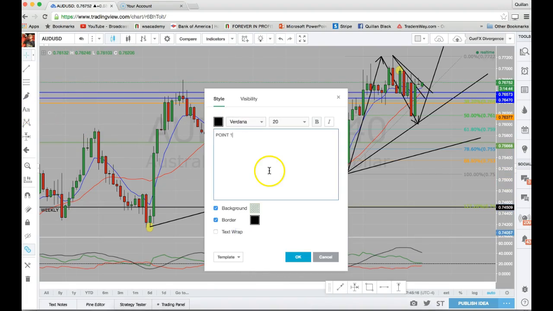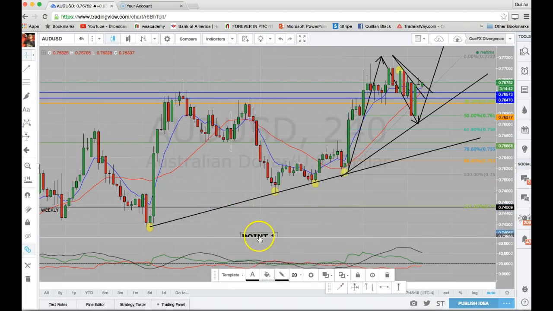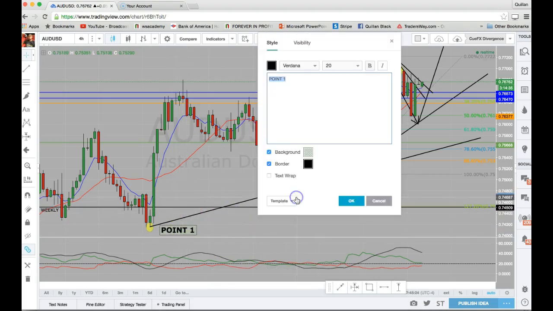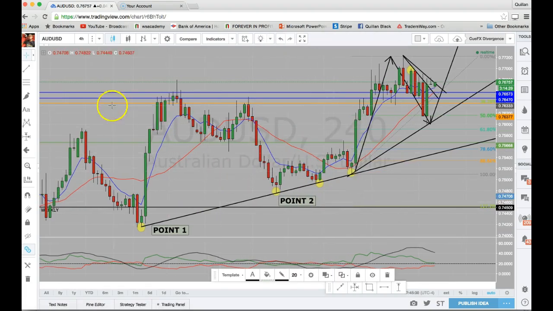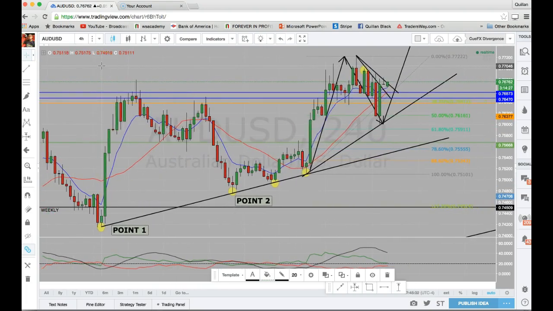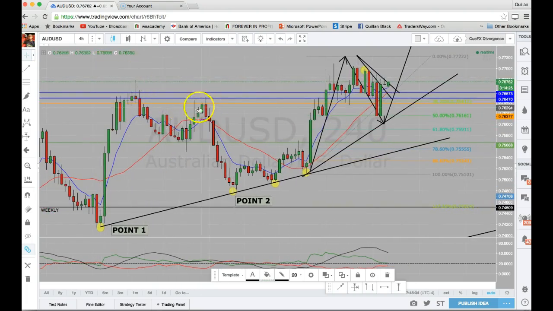Okay, so point 1 is right here. Point 2 is right here. Point 1, point 2 right there, right? Perfect. And if I wanted to draw a trend line right here, same concept.